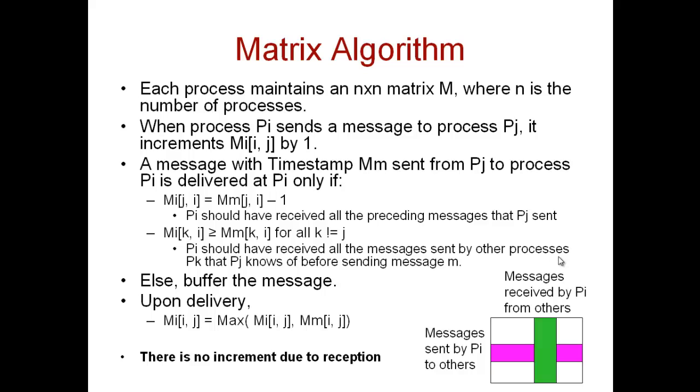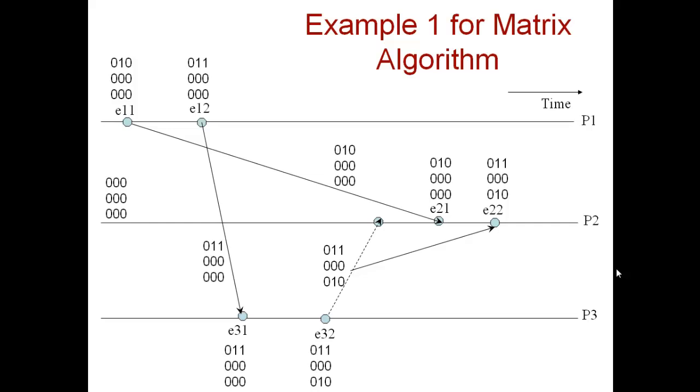So this algorithm is almost like the BSS algorithm, it is broadcast based. We increment the matrix entries only for the sending operation. There's no need to increment for the receiving operation because we keep track of the number of messages we have received in the columns. So let's look at an example, and that will be easy to understand how this algorithm works.